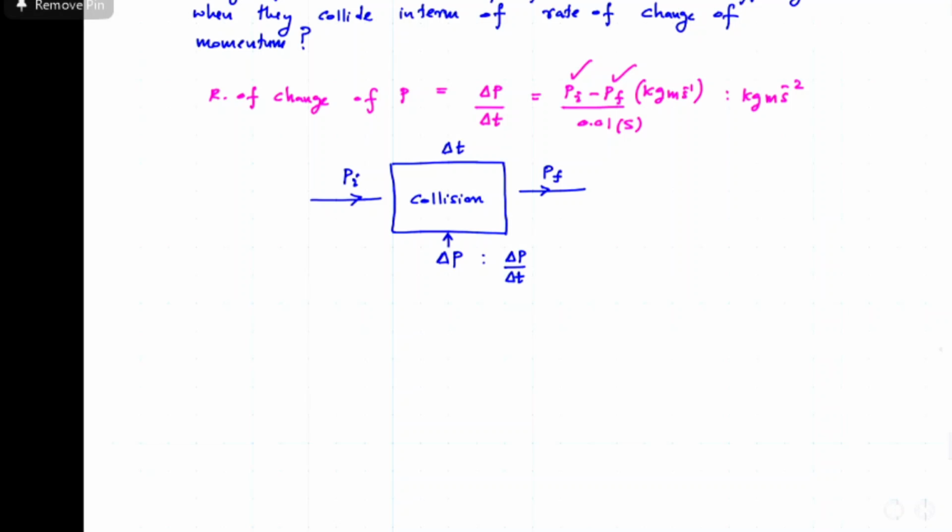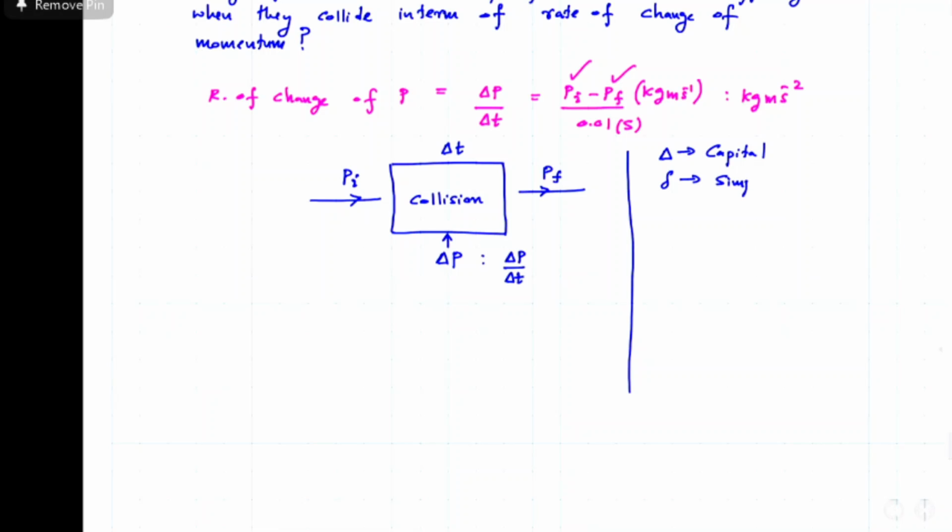Now before I do this, I will tell you something, since you are doing so many subjects. This delta is called capital delta. You do other subjects as well, chemistry and other things. This delta is called simple delta, like simple A, capital A. This delta or this delta we use typically for two situations.